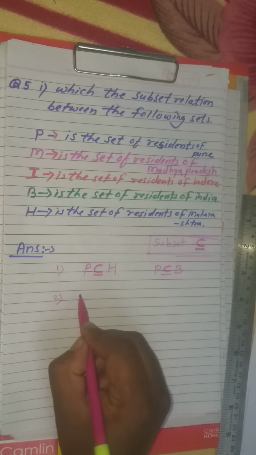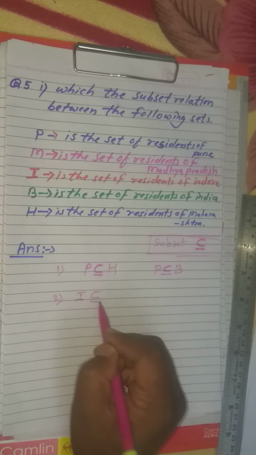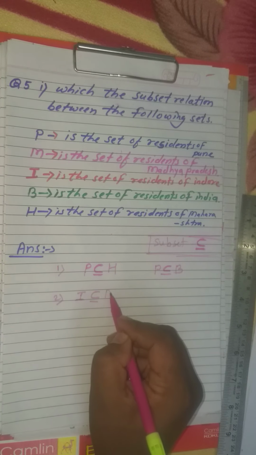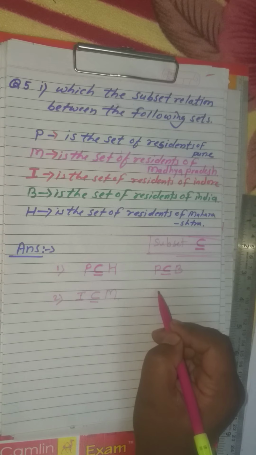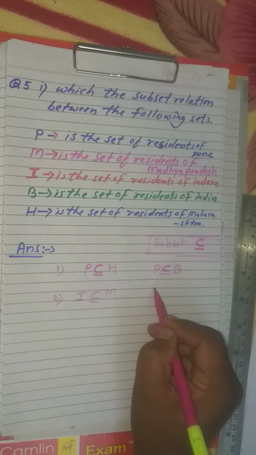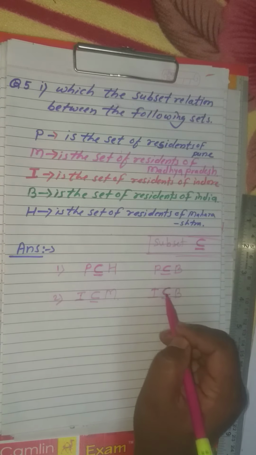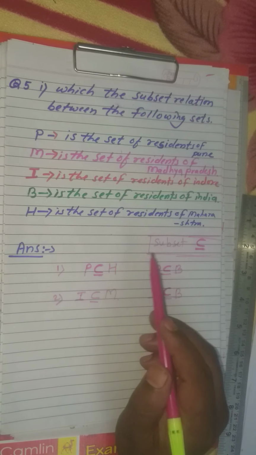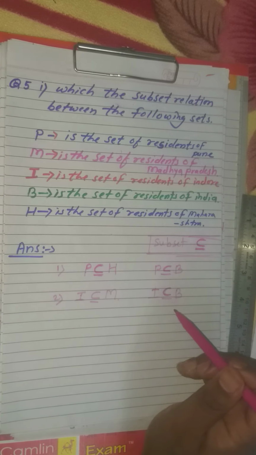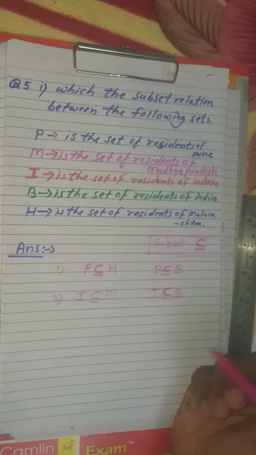That's why we can say that set I is a subset of set M, and set I is a subset of B also. That means Indore comes under set B, the set of residents of India. So people residing in Indore can say that they are residing inside the country India.